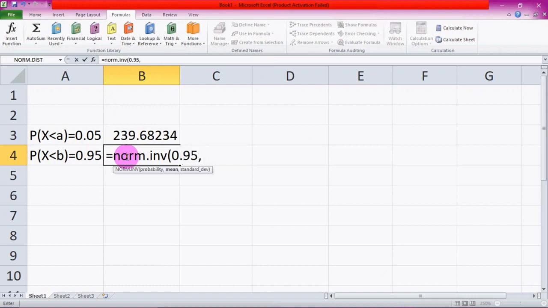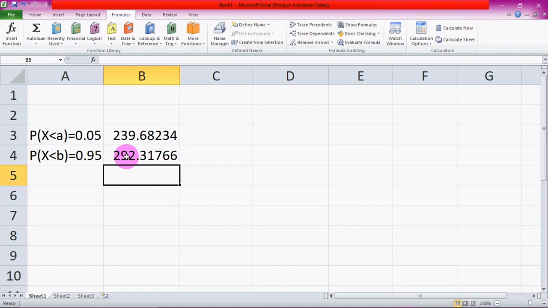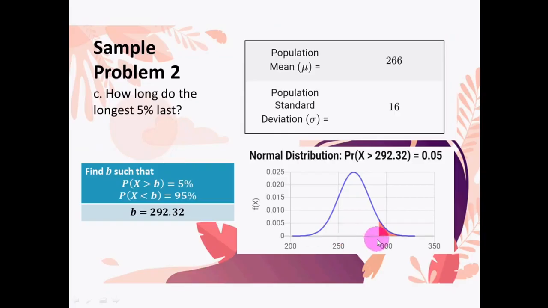Then the mean is 266 days and the standard deviation is 16 days. Then press enter. Then we have 292.32. This point here is actually 292.32. This means that the longest 5% of the human pregnancies last for 292 days or even longer.